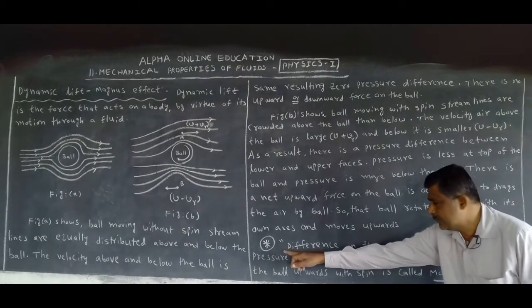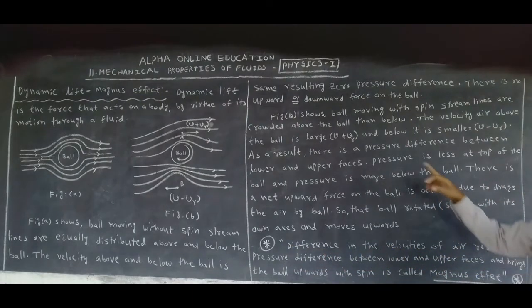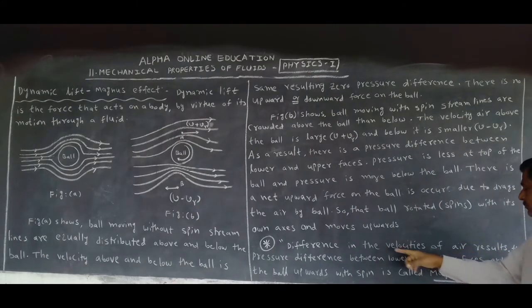That is very, very important. The difference in the velocities of air results in a pressure difference between the lower and upper faces and brings the ball upwards with a spin, which is called the Magnus effect.